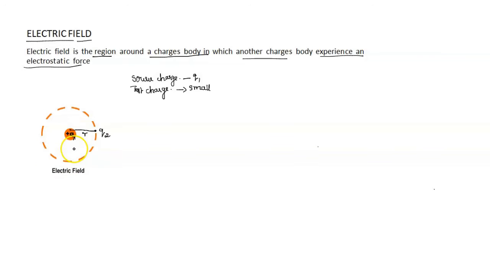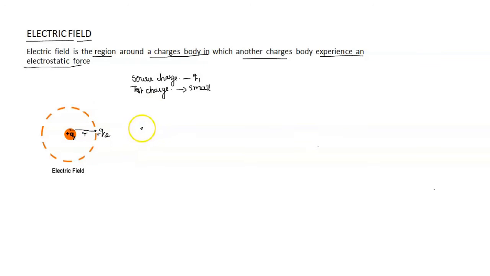So Q2 is within the distance r from Q1. Then Q1 and Q2 are attracted or repelled depending upon the sign. If both are positive, they repel each other. If one is positive and one negative, they attract each other.